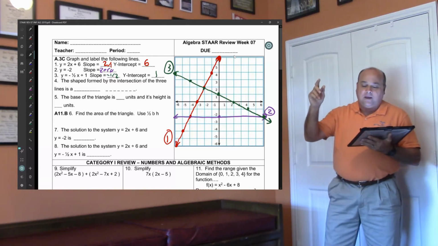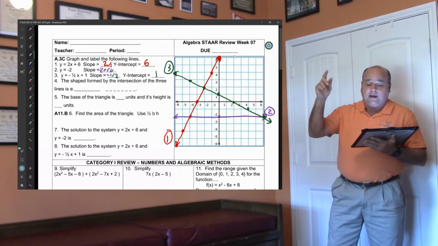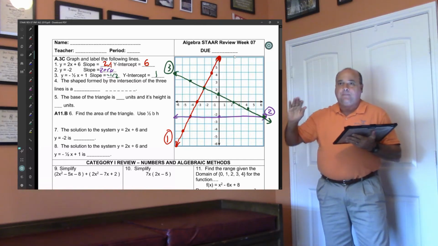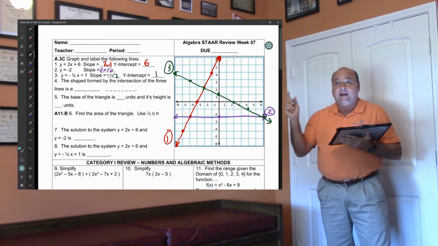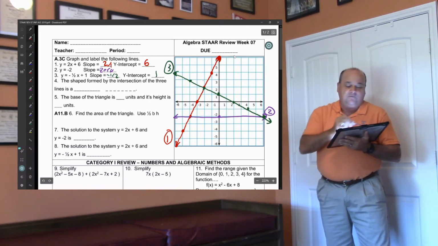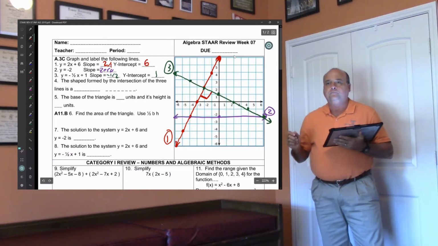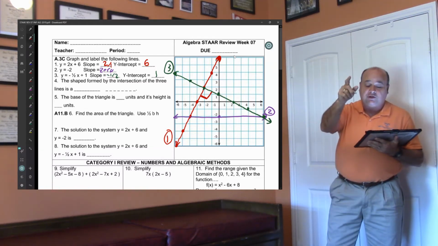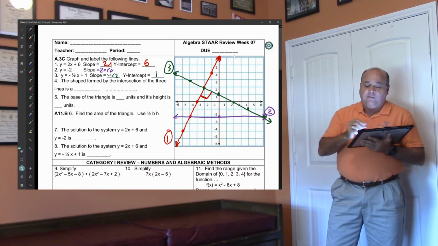Now then, the shape formed by the lines, and this is important, is what we're going to talk about here. Get a piece of paper. If you put the piece of paper where my red line and green line cross, it forms a right angle. Okay? It forms a right angle, and you're going to learn about this this week.